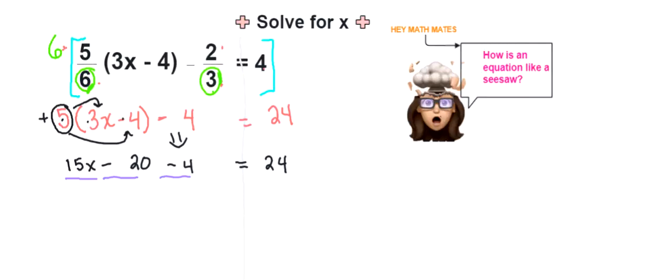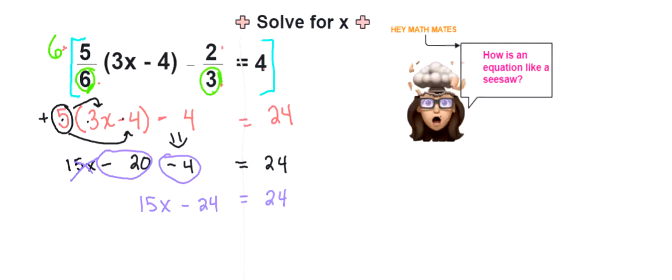So we're going to take a look at this left side. I've got 3 terms here, which tells me I can put something together. The 15x, there's no other x's, so I'm going to just bring down the 15x. That takes care of that. But now I've got a negative 20 and a negative 4. How many negatives does that give me altogether? 24. And then I can bring down my 24 on this side.